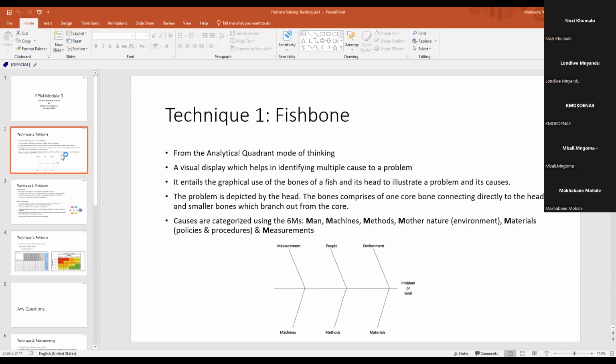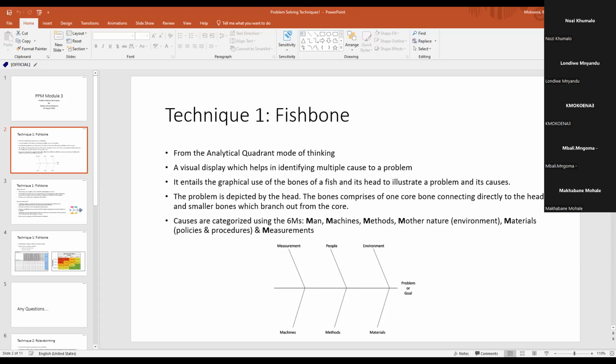Okay, I will just repeat the fishbone as Makhabane requested. I'll go through both the techniques all at once. So just in brief, the fishbone is a visual display which helps in identifying multiple causes to a problem.